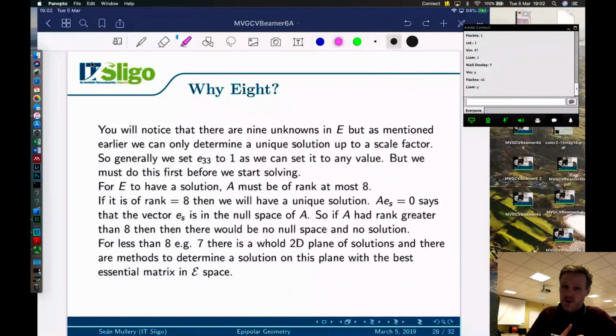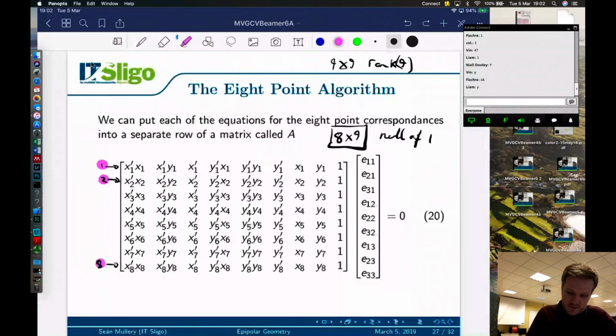For E to have a solution, A must be of rank at most 8. If it is of rank 8, then we will have a unique solution. So this is A, by the way, the A matrix, in case I didn't specify that. That's the A matrix there, the big 8 by 9 one.